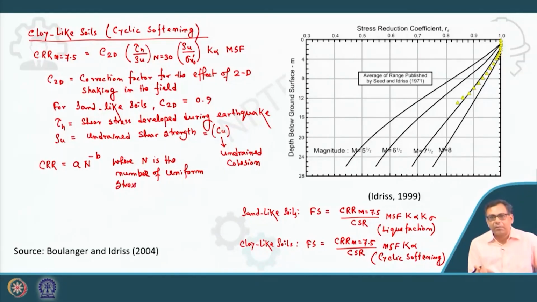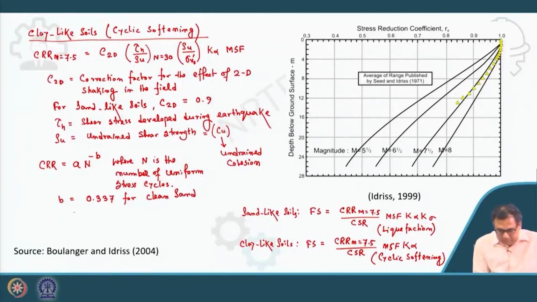You know the number of uniform stress cycles for sand-like soil, which I have discussed. Later on I will discuss it for clay-like soil also. B is equal to 0.337 for clean sand and equal to 0.135 for clay, or clay-like soil.